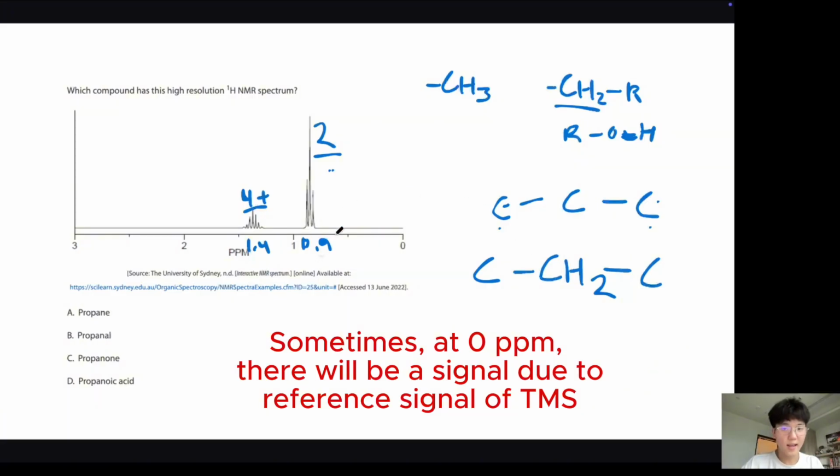Now, at 0.9, it's just CH3, and we know that these 2 are symmetric. So CH3 here, CH3 here. And looking at our CH2, it has 4 or more adjacent hydrogens, and that would definitely work because it has 6 adjacent hydrogens. So this would be our final compound, and that would be propane. So the answer is A.